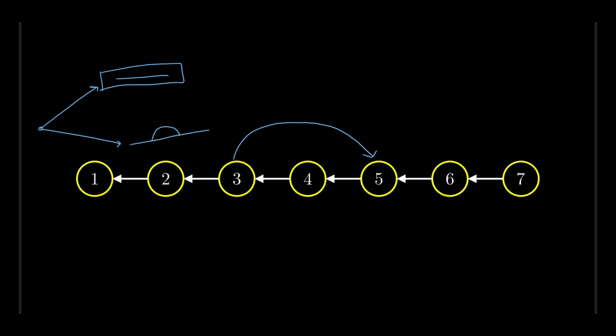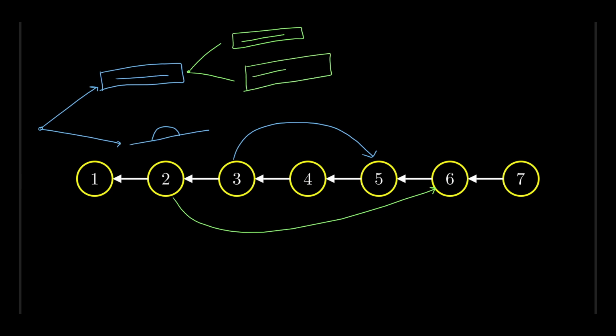Now, when you introduce the second edge, suppose it is from 2 to 6, then in both of these choices that you have, you can further split into two choices. You either keep the incoming edge from 2 to 6, or you do not keep it. If you do not keep it, you will still end up with this simple line graph. If you decide to keep this edge, then you will end up with this line graph and this particular edge.